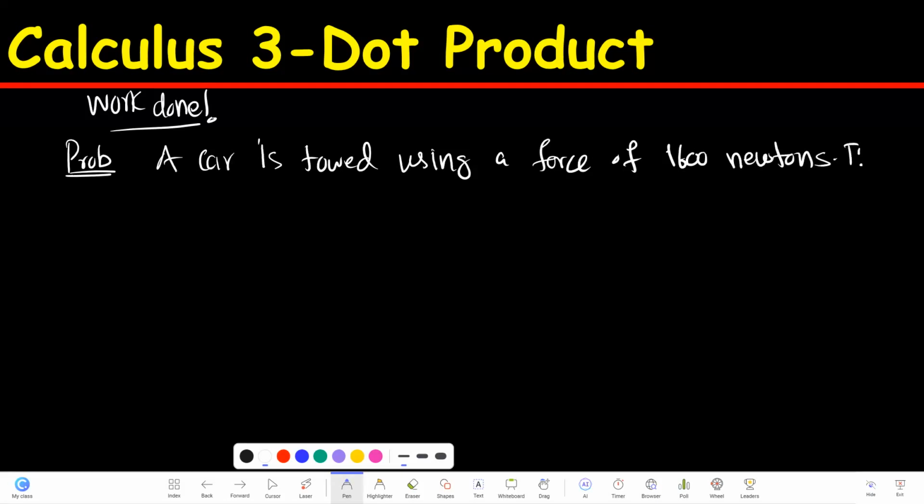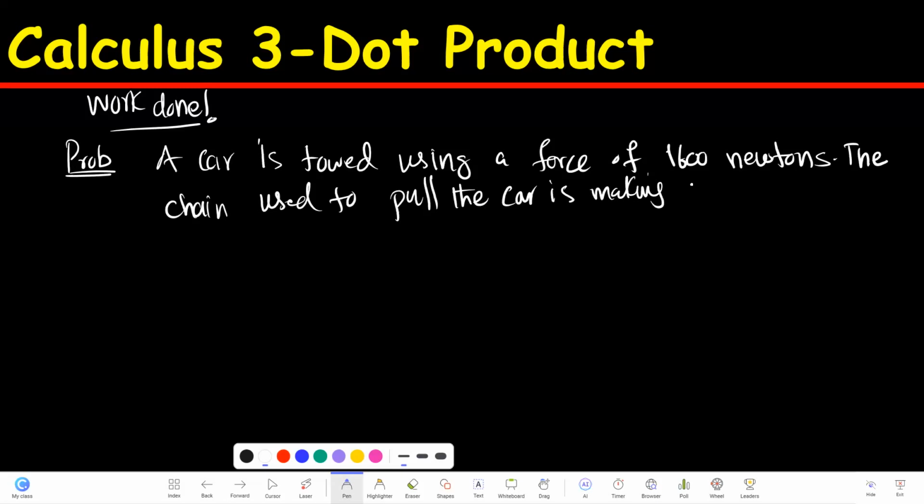The chain used to pull the car is making a 25 degree angle with the horizontal.